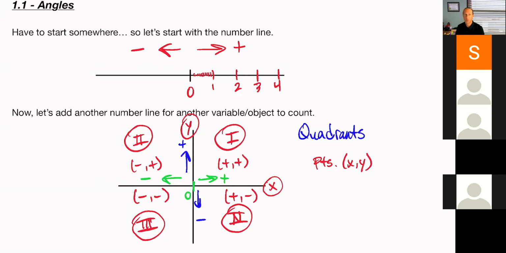Okay, but remember the title of this was called angles. We're just talking about points and quadrants. What if I wanted to give you an angle measurement? How do you think we'd represent that?